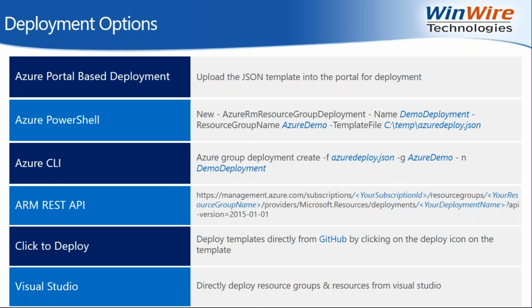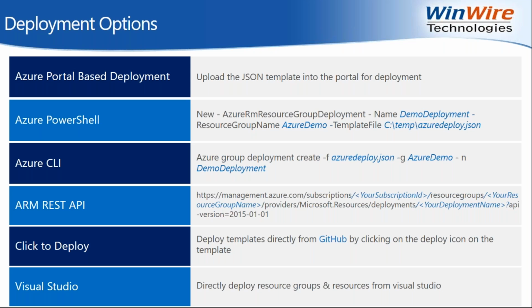Click to deploy is one of the easiest methods to deploy resources onto Azure, wherein we can get into GitHub, the Azure quick start templates, look for the template that best suits our needs, and then once we open up the template, we could click on the button which says click to deploy, and that would automatically get deployed onto our Azure subscription.